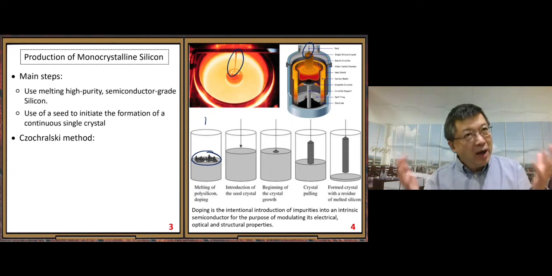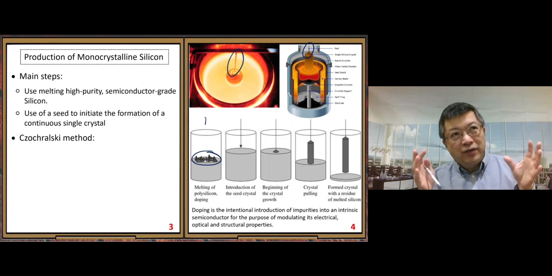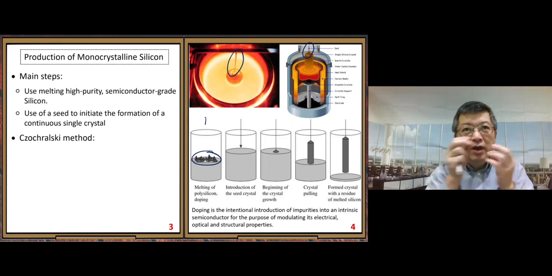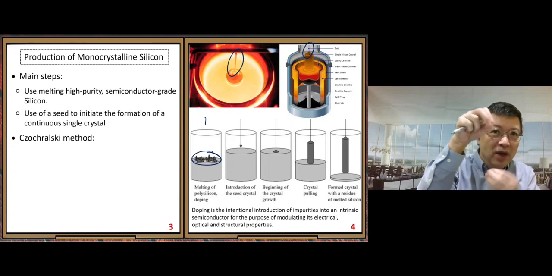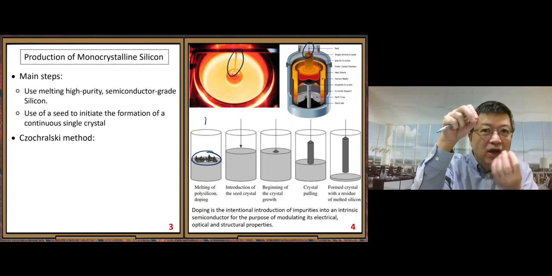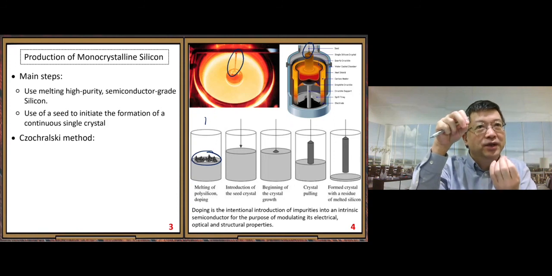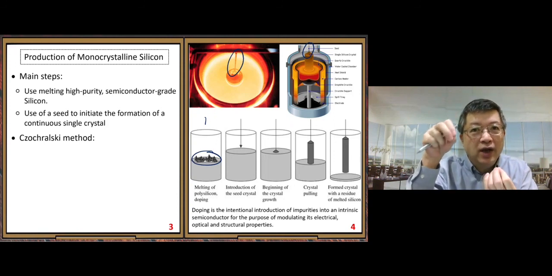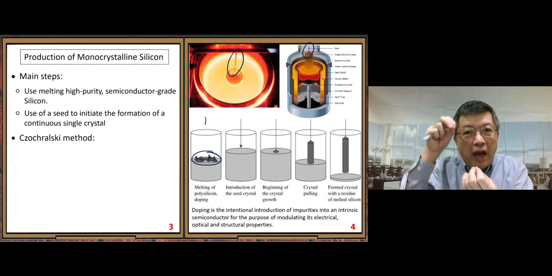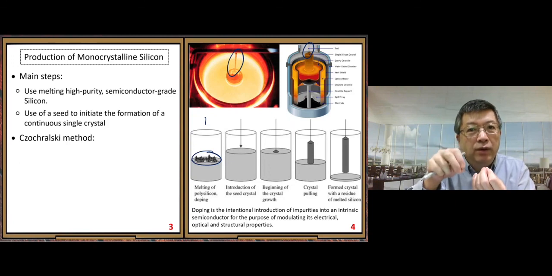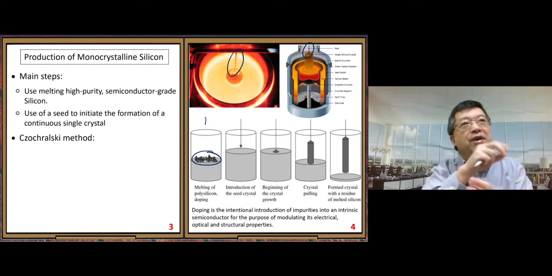Although we want high purity, for some special reason, people need to add some special materials. So it is the introduction of impurities into the intrinsic semiconductor for the purpose of modulating its electrical, optical, and structural properties.